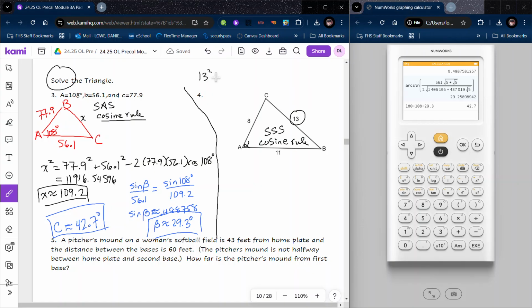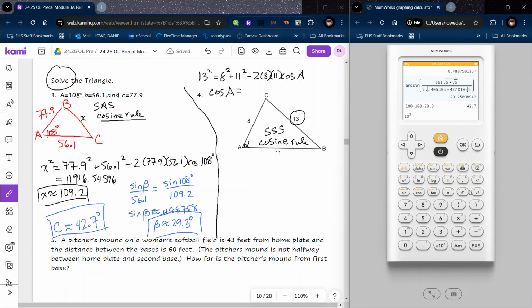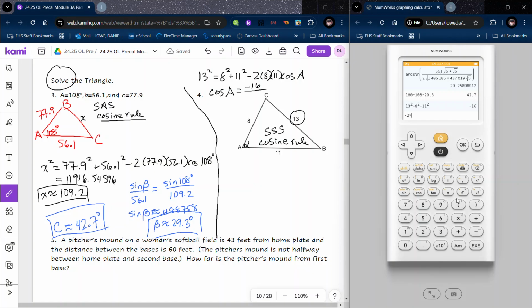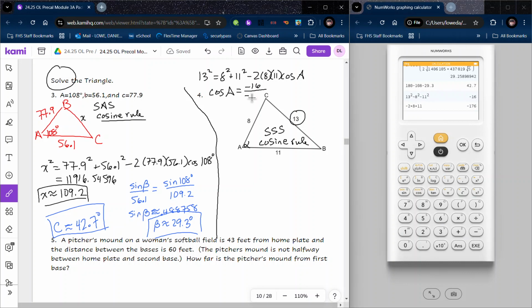So that tells me that 13 squared is going to be 8 squared plus 11 squared minus 2 times 8 times 11 times the cosine of angle A. So that means that the cosine of angle A is going to be 13 squared minus 8 squared minus 11 squared, which is negative 16, all divided by negative 2 times 8 times 11, which is negative 176.